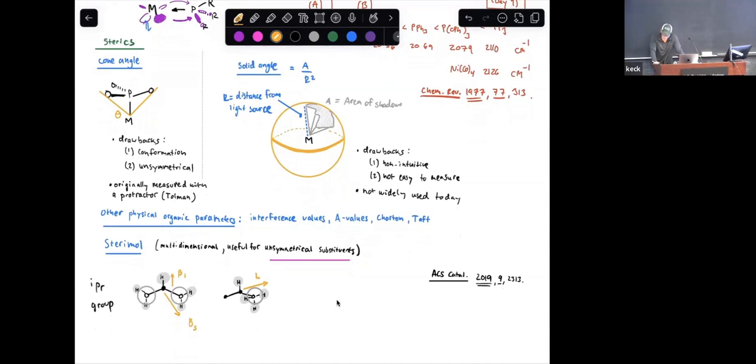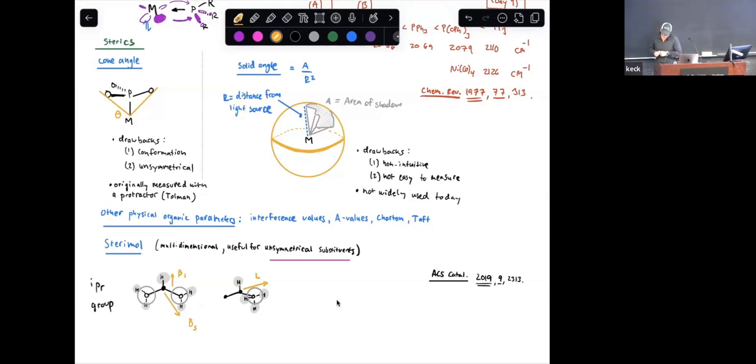This is a concept called solid angle, and solid angle is predicated on the same concept as when you do shadow puppets with your hands. We've all done this as kids. If you haven't, I'm sorry you missed out on that pivotal experience in your development.